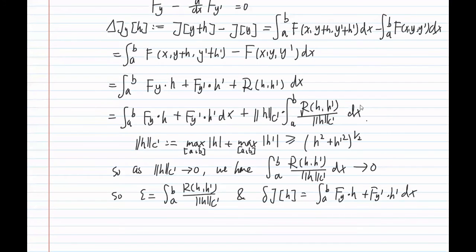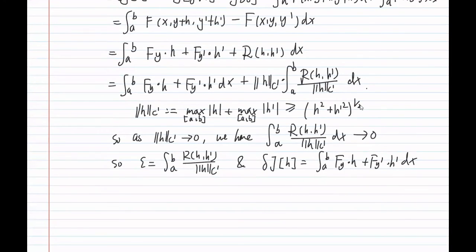Okay. So again, this corresponds to the notion of delta J h equals this lowercase delta j h plus epsilon times the norm of the vector space, which in our case is the C1 norm.